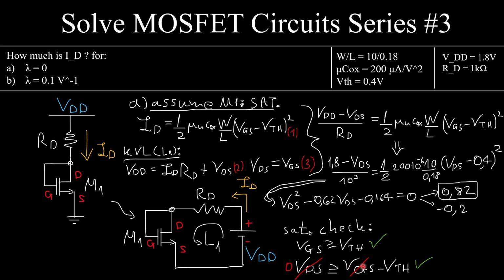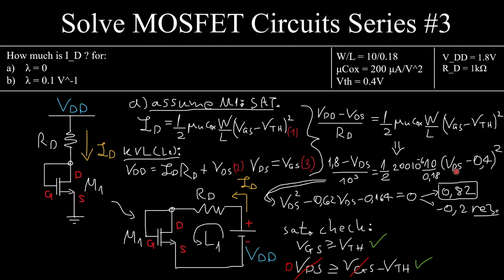So this holds true always for the diode-connected device, but the first condition does not. This is not always true. So we check that with the value 0.82, this holds true. So minus 0.2 is rejected, and 0.82 is accepted.